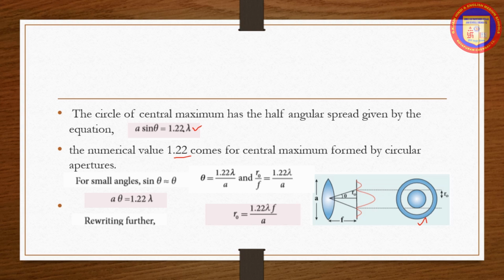For small angles, sin theta is equal to theta, so a theta is equal to 1.22 lambda. Rewriting, we get theta is equal to 1.22 lambda divided by a, and R0 divided by F is equal to 1.22 lambda by a. Then we get R0 is equal to 1.22 lambda F divided by a.